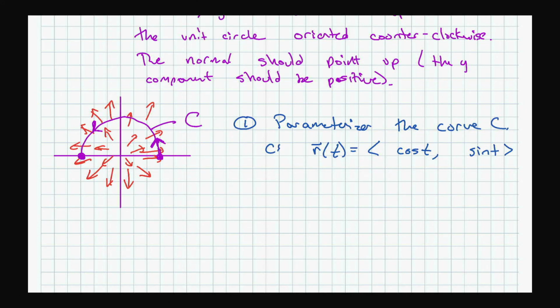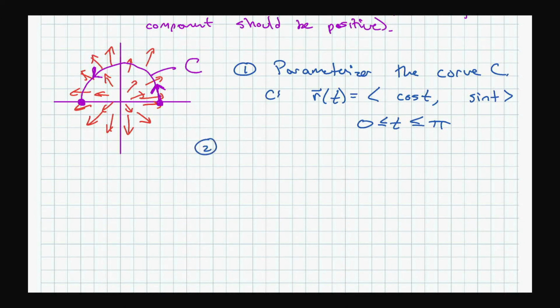The limits of integration for t are going to be 0 and pi, because we only want this top half. Before we get the unit normal, we're going to need r prime.